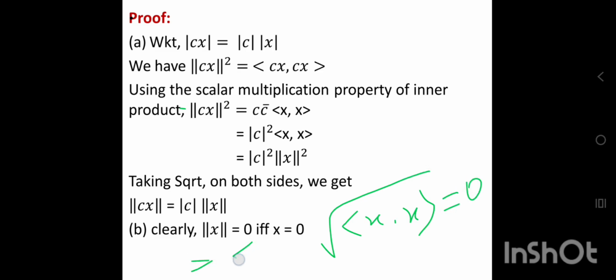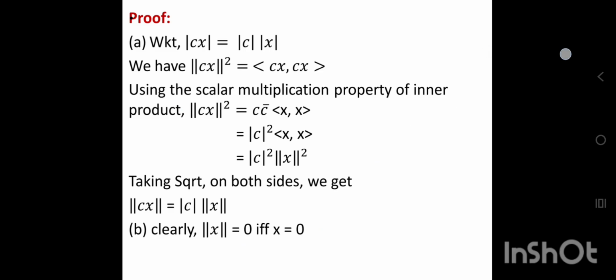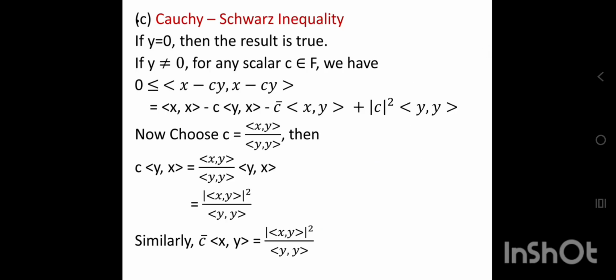That is nothing but inner product x comma x equal to 0. Already we saw the result in module 1: inner product x comma x equal to 0 if and only if x equal to 0. Using this result, we can write x equal to 0. So next, Cauchy-Schwarz inequality. If y equal to 0, then the result is true.